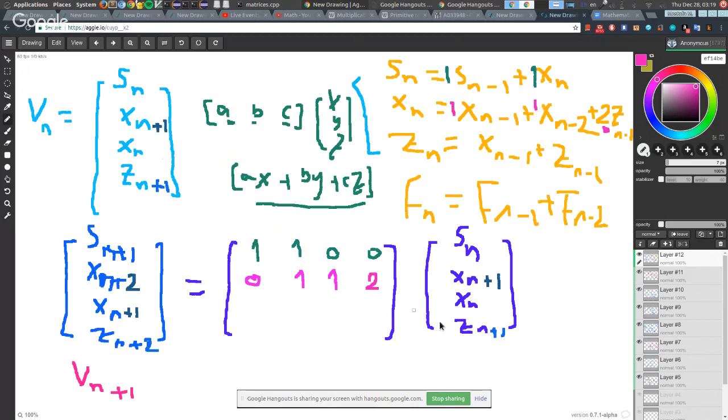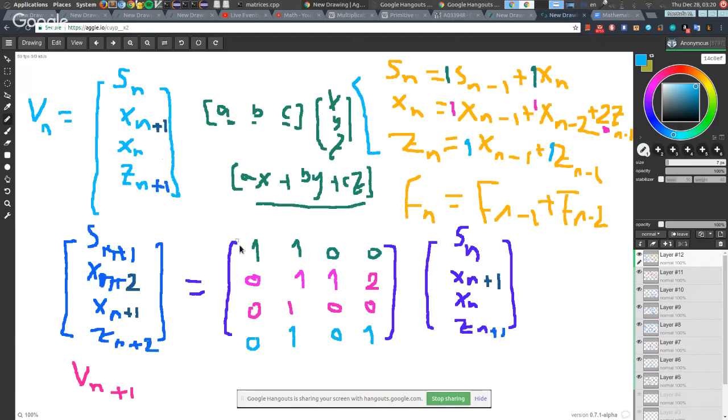And for x(n+1), it actually exists here, so we can just get it from here. And then for z(n+2), this is equal to z(n+1) plus x(n+1). So basically, this is 1 and 1.